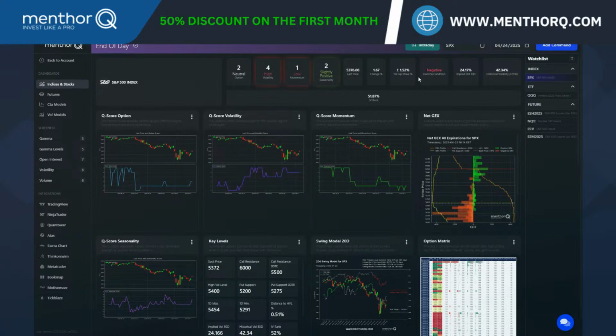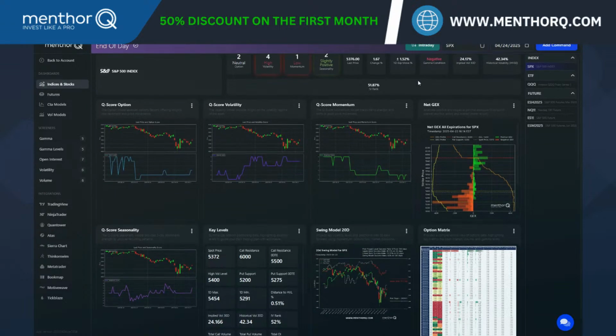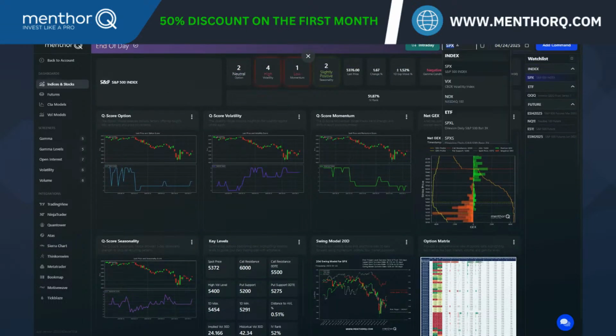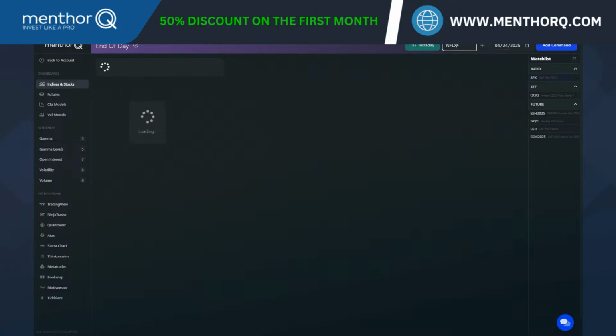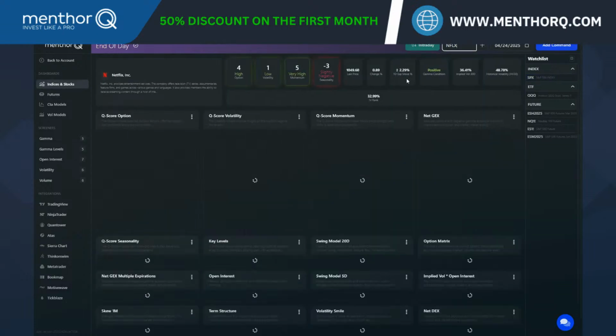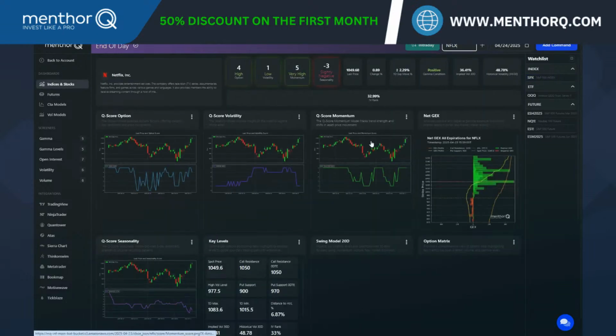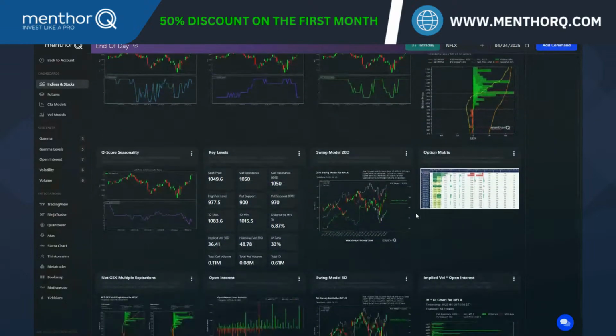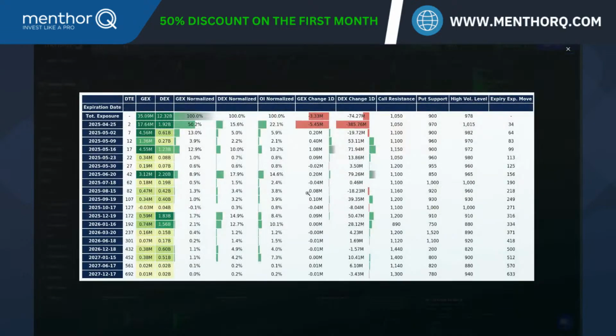And obviously you can do this with stocks as well, whatever your favorite high beta stock is. One interesting one for me was Netflix. They had earnings this week. They had good earnings. And one thing to look at here for Netflix, and sometimes it just works.